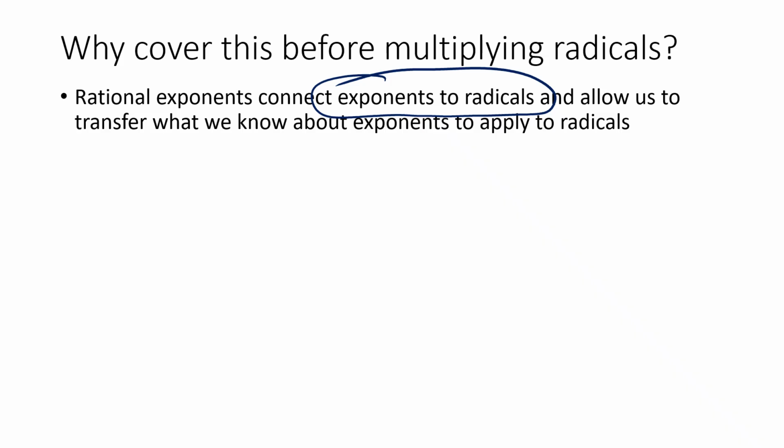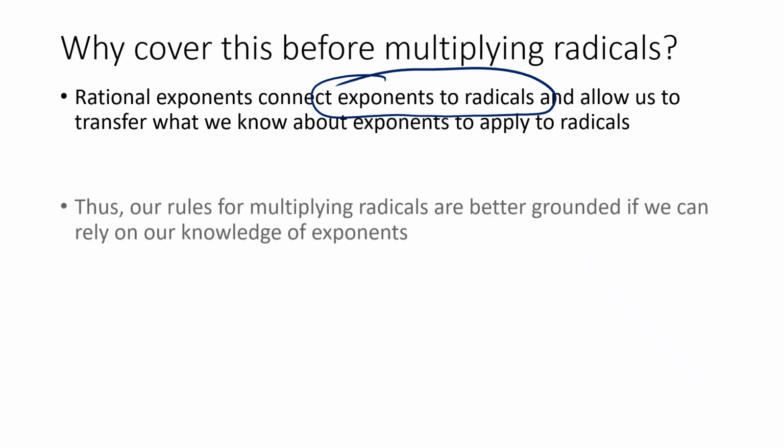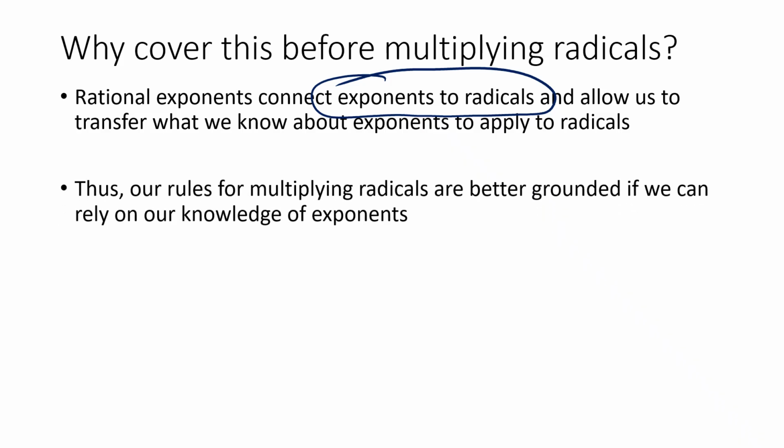I'm so big on not memorizing random rules and instead focusing on the underlying concepts of why the rules work. Thus, our rules for multiplying radicals are better grounded if we can rely on our knowledge of exponents. And I'm all about grounding our knowledge. If the concepts we're covering make sense, then you're more likely to remember them.